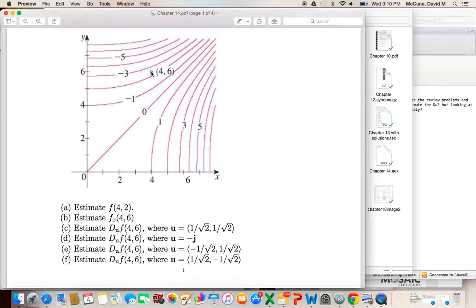So if you take one step in the x direction, and the step must be length 1, okay, we're dealing with unit steps, unit vector steps. If you take a single step to the right by 1, by how much has the function changed? That is what f_x of 4, 6 is trying to estimate for you. It's trying to give you how much the function changes when you step in the x direction.